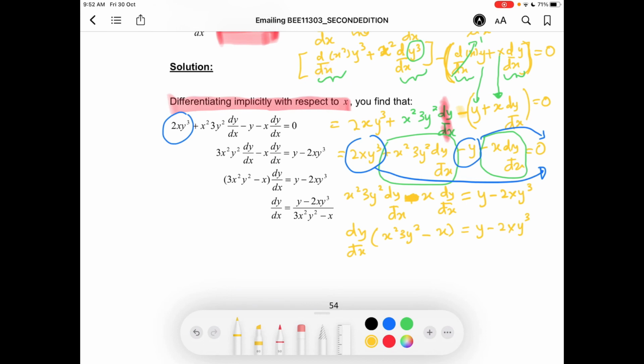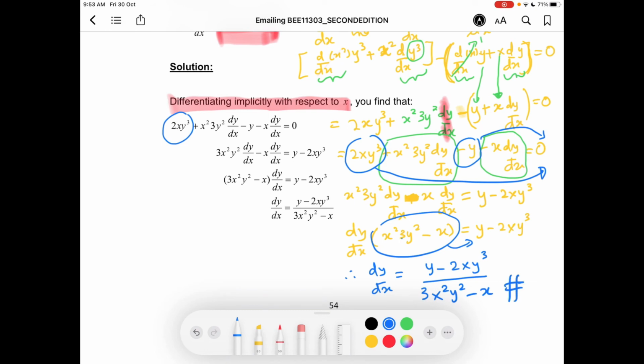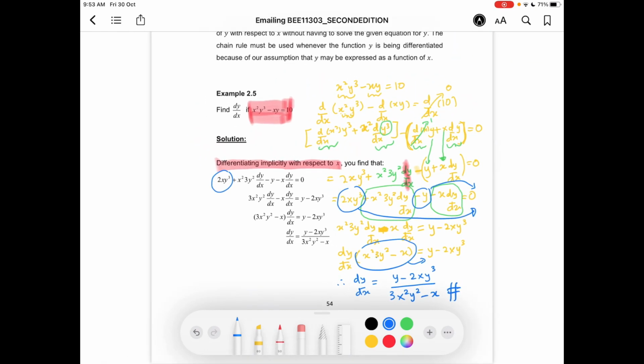Then you bring this part to the other side, so dy/dx equals y minus 2xy cubed over 3x squared y squared minus x. Alright, so this is pretty much the solution for the implicit differentiation.